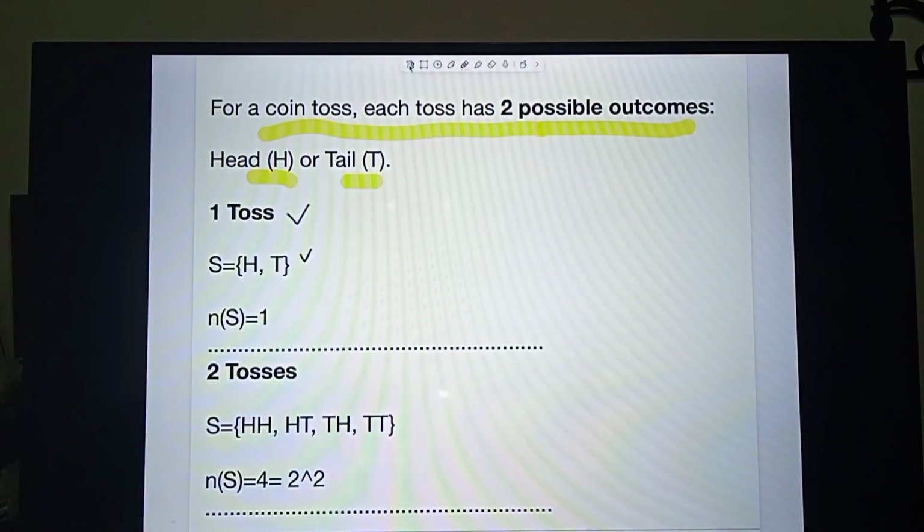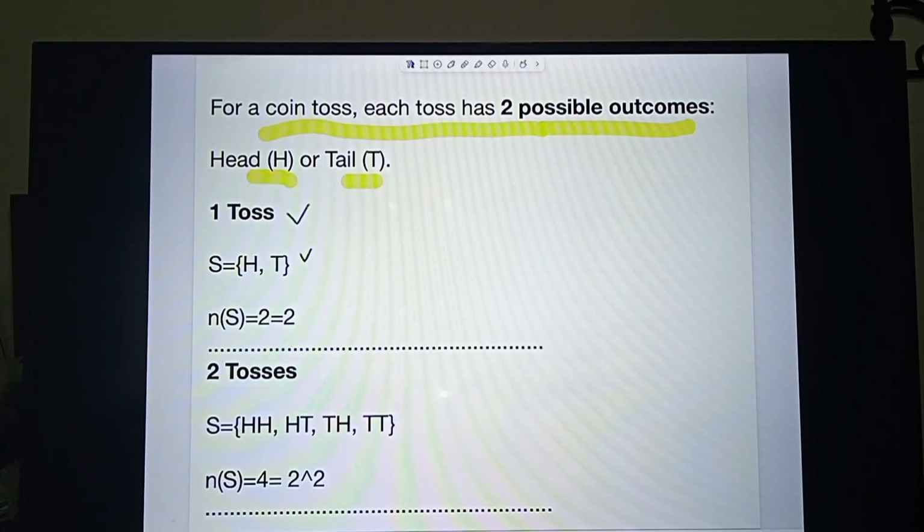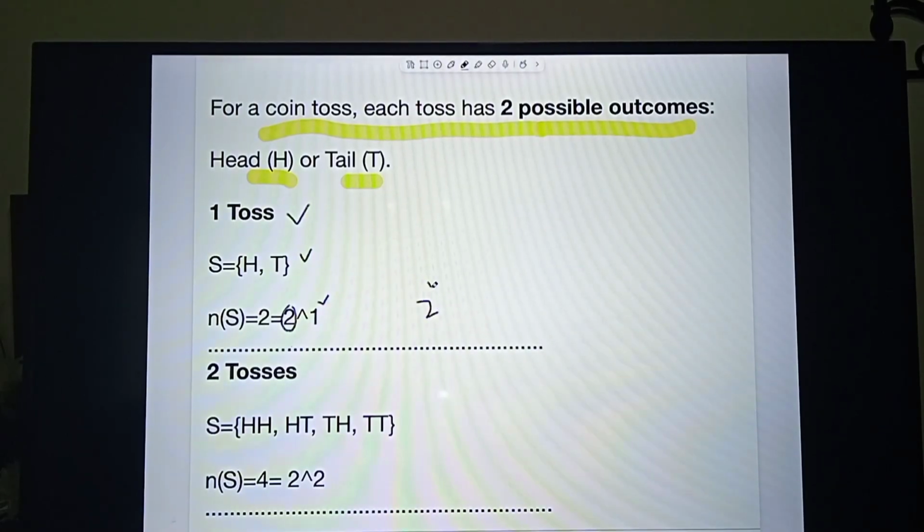Now the number of sample points in this sample space is 2, and this is obtained from 2 to the power 1, because the possible outcomes of a coin are 2 and we tossed it one time. So 2 to the power 1 is equal to 2. So total outcomes will be 2.